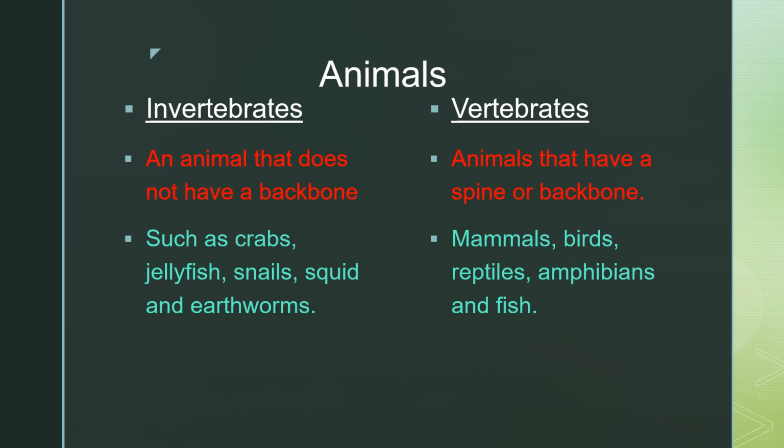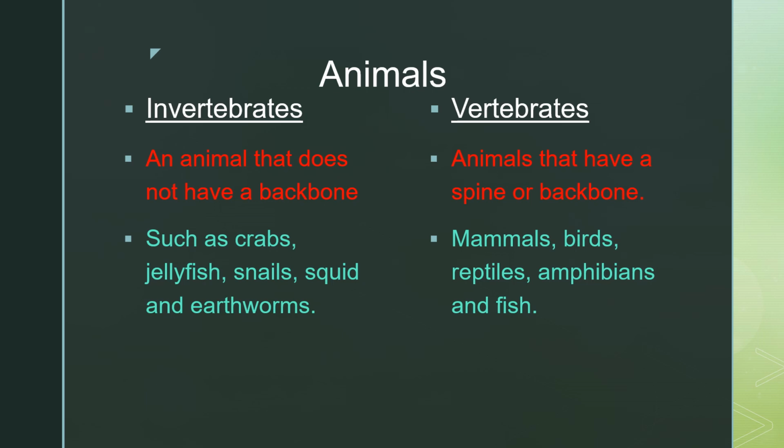The first group are called invertebrates, and these are animals that do not have a spine or a backbone. These can be animals such as crabs, jellyfish, earthworms, leeches, snails, squid, insects and lobsters. There are many types in this group.